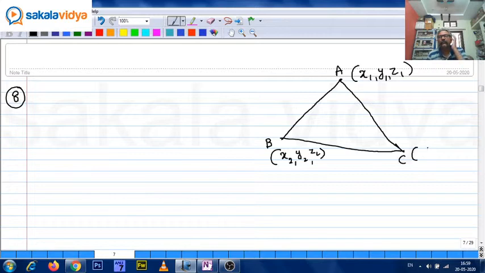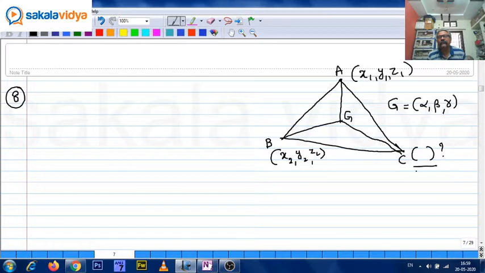C vertex we do not know. The centroid of triangle ABC is G, where G is equal to (alpha, beta, gamma). Then we need to find out C.